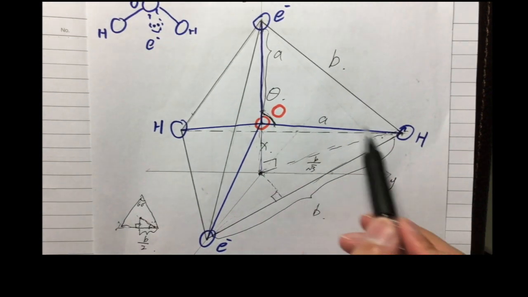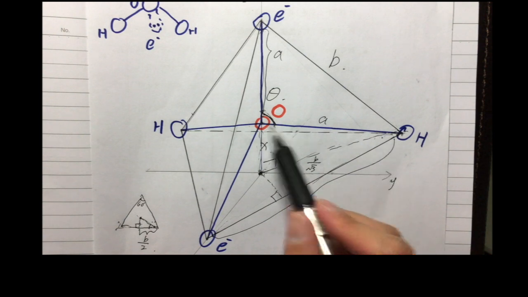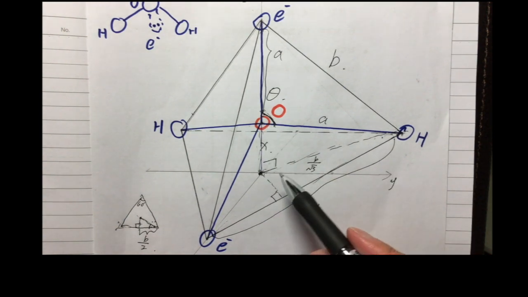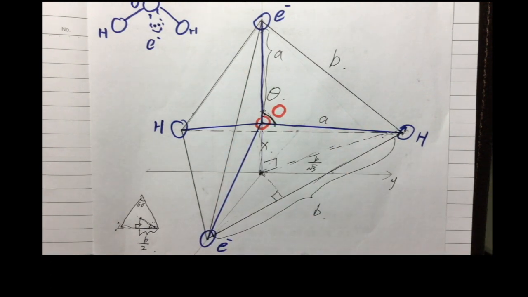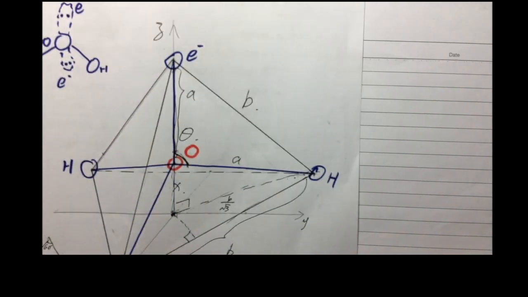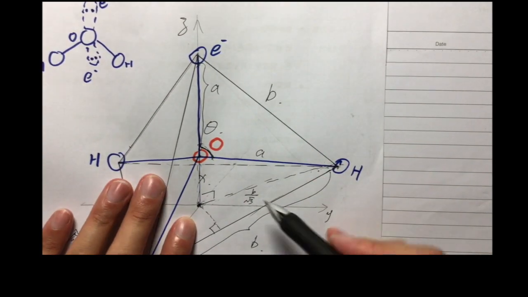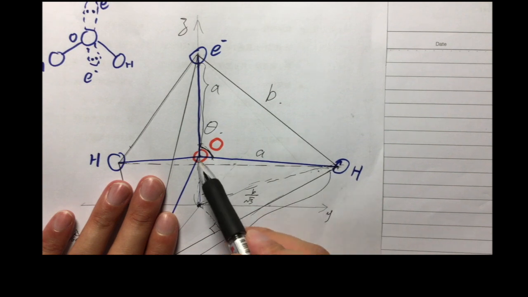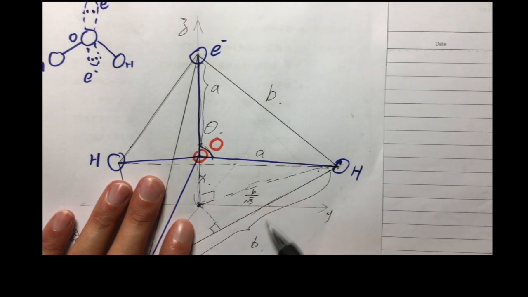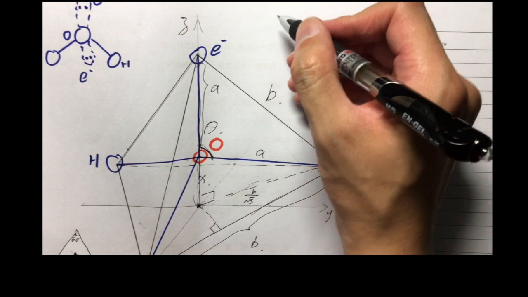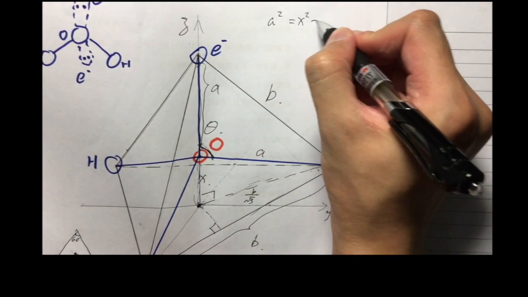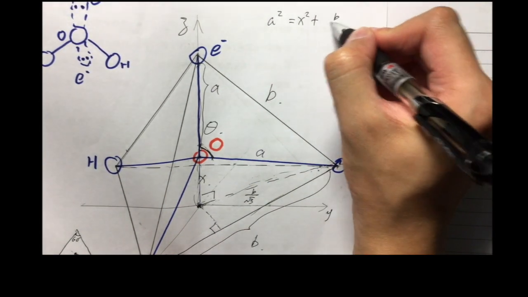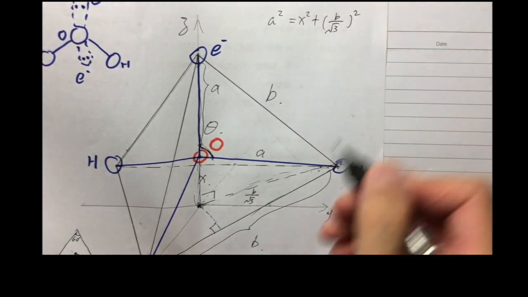Then after we get this right triangle, we can establish a relationship in Pythagoras, and this right triangle we can also establish a relationship. So in this case, we can write two equations. First is about this triangle, right? The relationship is a squared equals x squared plus this b over square root 3 squared, right?